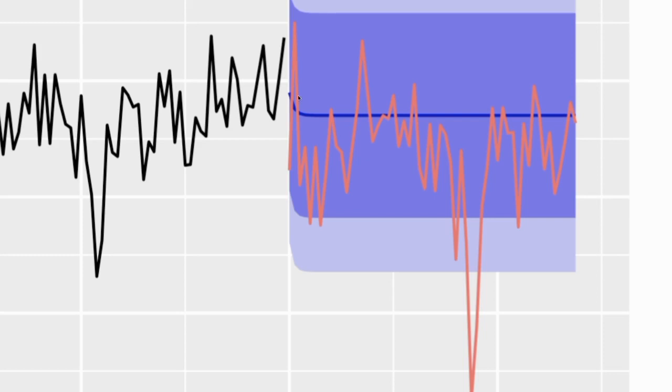And this is the reason why eventually the forecast value just stays on that line. This blue line is the estimated long-run mean we calculated on the previous slide.